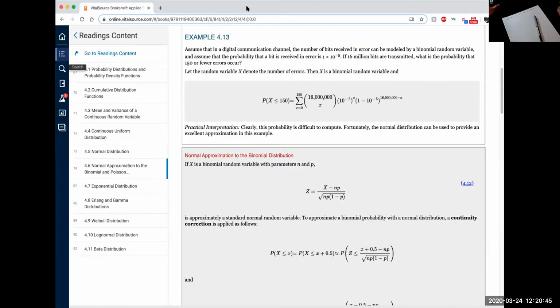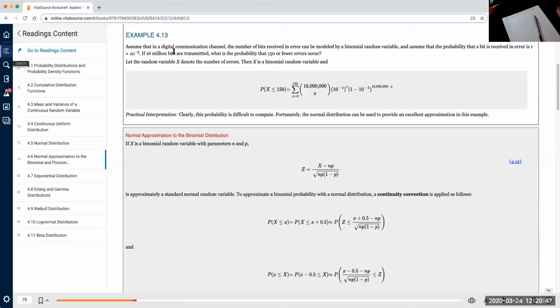Now, see example 4.13. Assume that in a digital communication channel, the number of bits received in error can be modeled by a binomial random variable. So what is a trial?